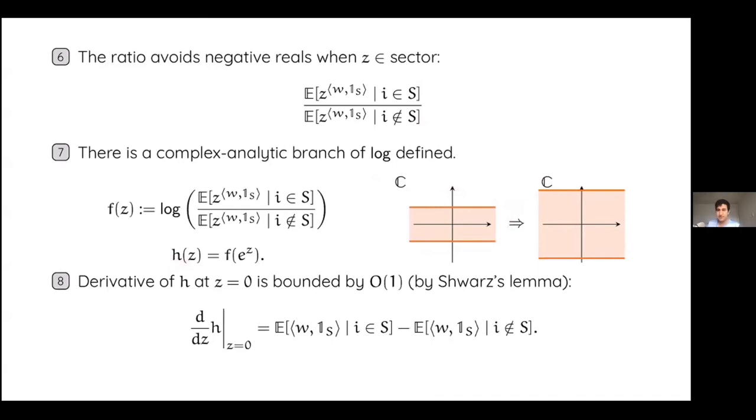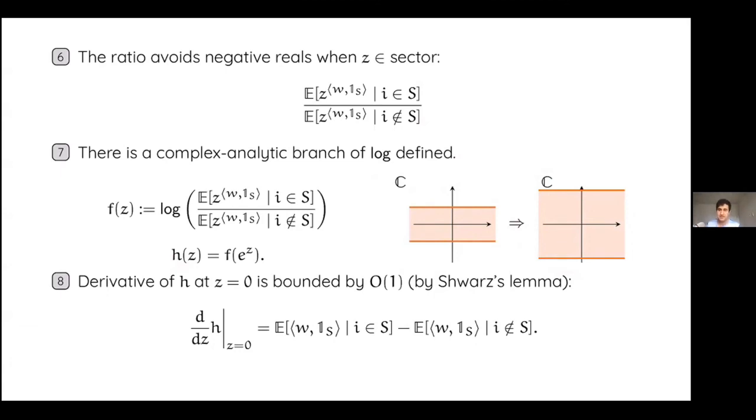And by some slight modifications of Schwarz's lemma, you can show that any holomorphic function that maps this band to this band, and also maps the positive reals to the reals, would have to have a bounded derivative at Z equals 0. Its derivative has to always be bounded by order of 1.